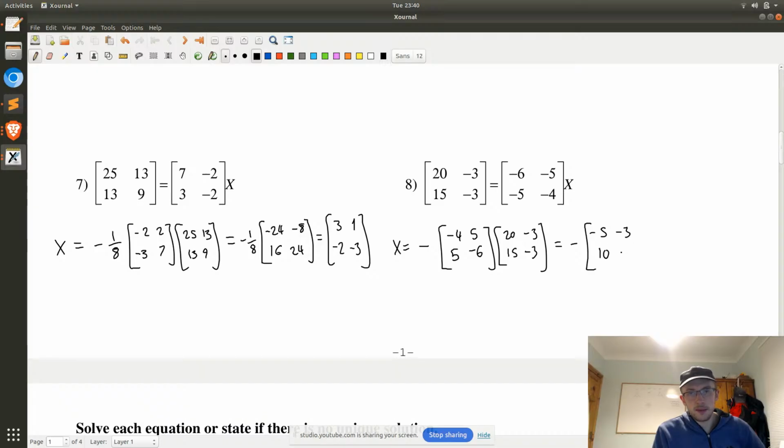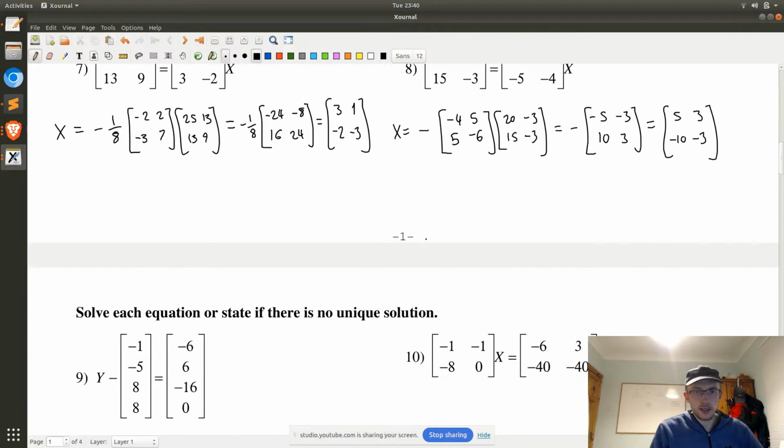Negative 15 plus 18 is 3. And so all negatives now, 5, 3. And check. All correct. Good.